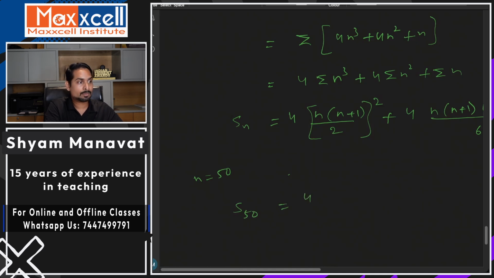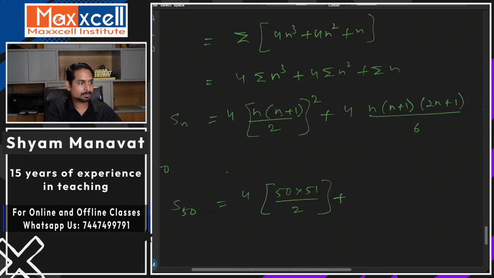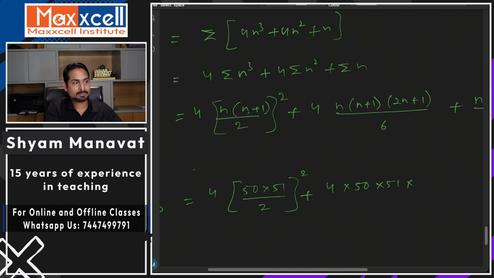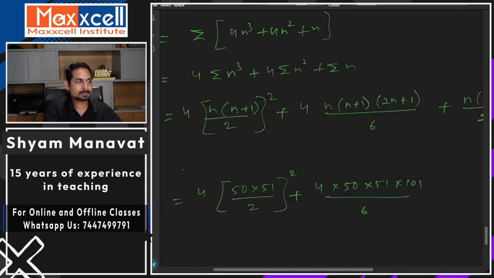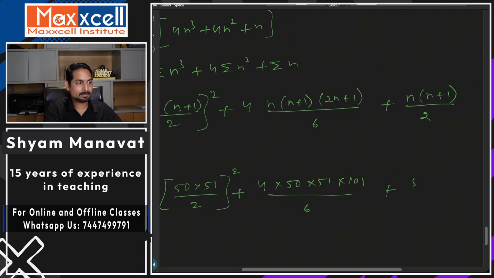Substitute 4 into 50 into 51 by 2, whole square, plus 4 into 50 into 51 into 2 times 50 plus 1, 101, by 6, plus 50 into 51 by 2.